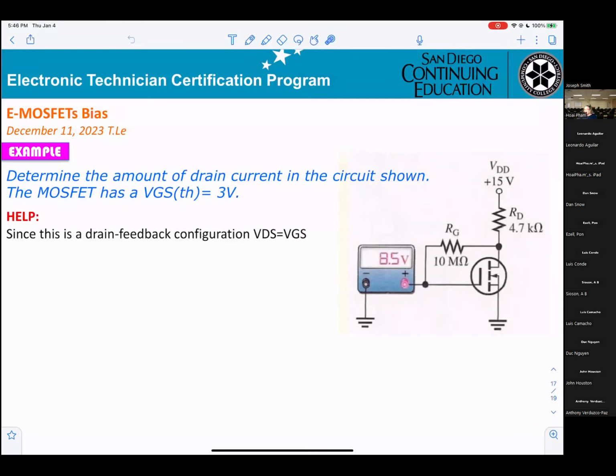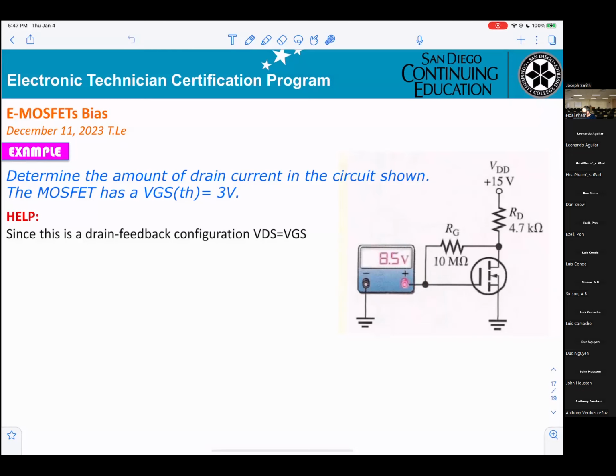And also another example. They want to know the amount of the drain current in the circuit. So the MOSFET has VGS equal 3 volts. Okay, and in here, they measure VGS, you already know right here, 8.5.